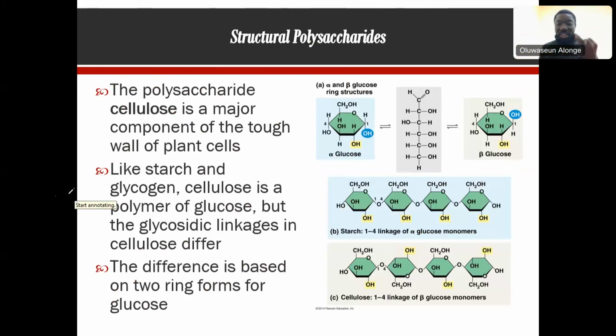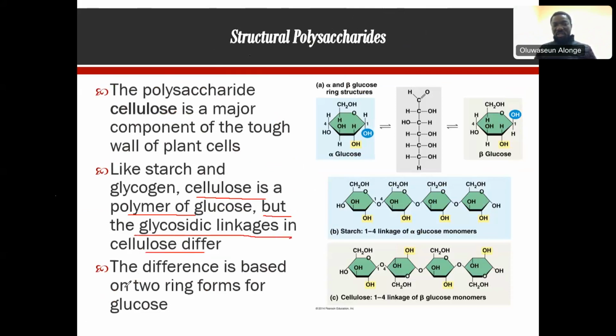Number two, they have the cell wall that protects them, because cellulose is a polysaccharide and it's very tough to break. So the polysaccharide cellulose is a major component of the tough wall of plant cells. You can see that. And then you have starch and glycogen. Cellulose is a polymer of glucose. But the glycosidic linkage in cellulose differs.